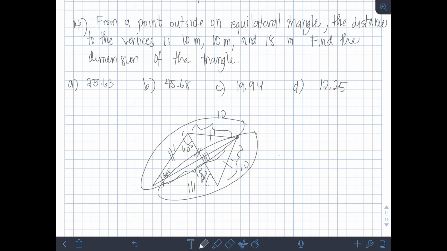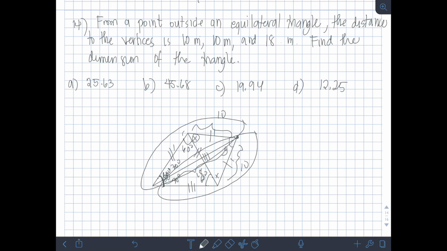So, therefore, kung 60 degree to, madi-divide itong angle na to into half. So, parang ito ay 30 degree, 30 degree. Okay? So, let's say itong unknown angle natin na to is x. Tapos ito ay y. Okay? So, pwede nating masolve dito yung angle x by applying sine law.